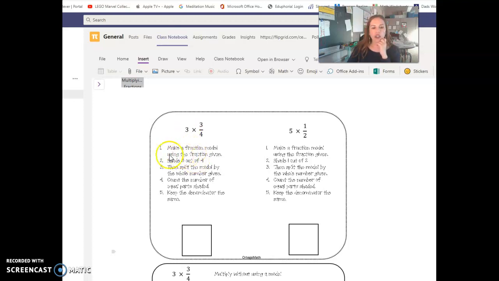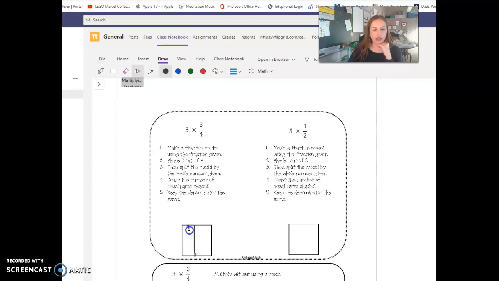So what we're going to do is make a fraction model using the fraction given. Our only fraction is 3/4. So we are going to make our little box and we are going to divide it into fourths. Oh, I've already kind of messed up. But you know, Mrs. Wagner, we do our best, even if it's not perfect.